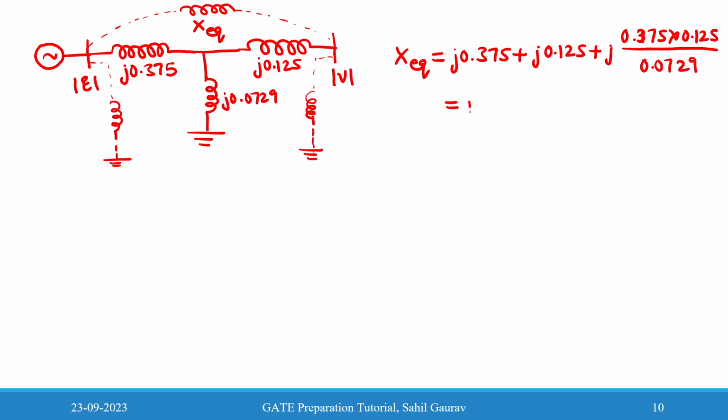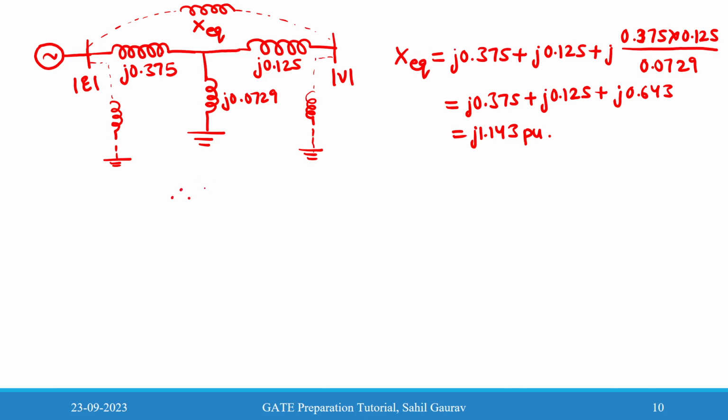So this will come out as j0.643. So the reactance will be 1.143 per unit.